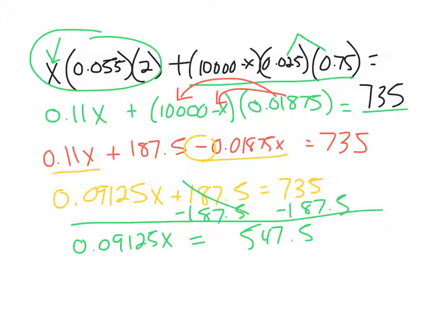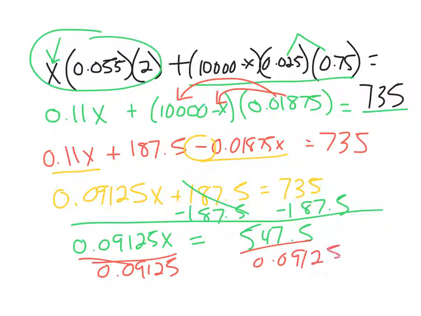Now to get x by itself, you guys know what we need to do. x is being multiplied by 0.09125, so I need to divide it. That's what I'm going to do to both sides. And that will leave us with x is equal to 547.5 divided by 0.09125, which gives us 6,000. x is equal to 6,000. And that's what I'm looking for there.